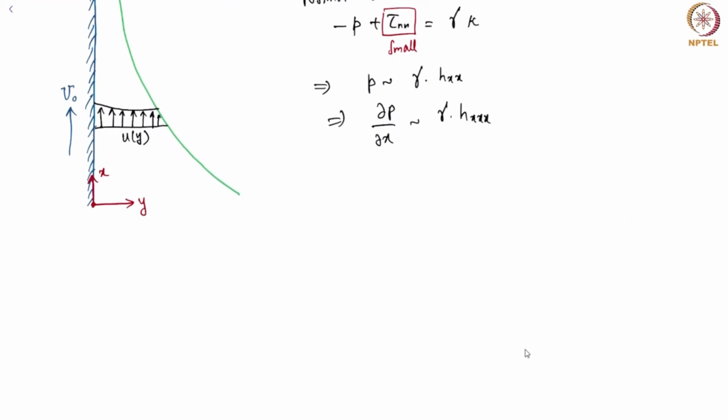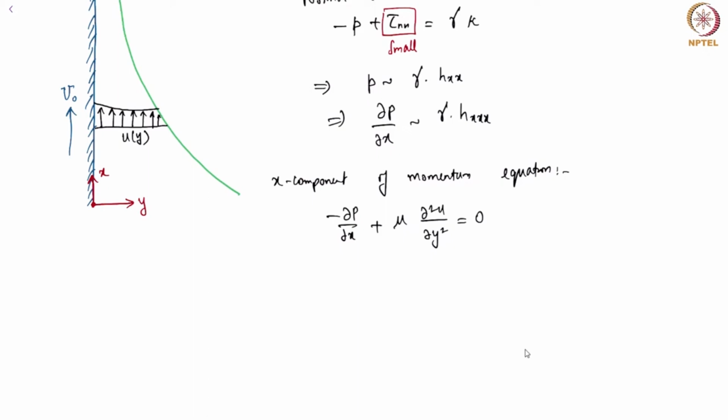If we substitute this in the x component of the momentum equation, minus del p by del x plus mu del square u by del y square equals 0. Okay, so we have made a bunch of approximations in writing down the x component of the momentum in this fashion.